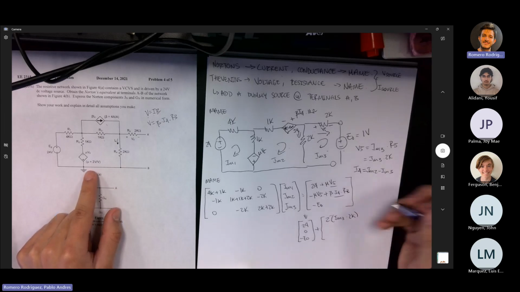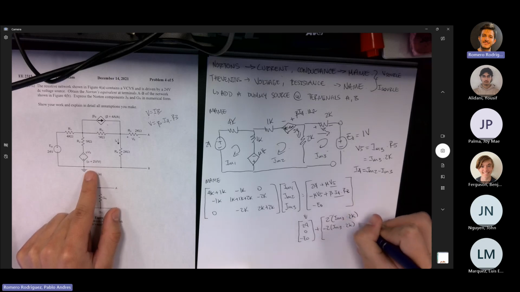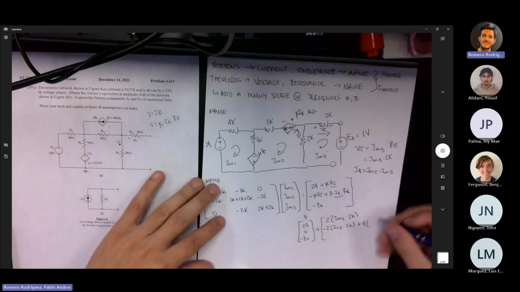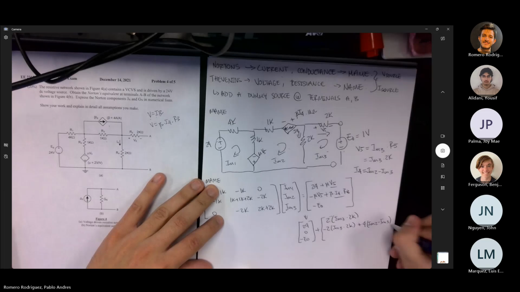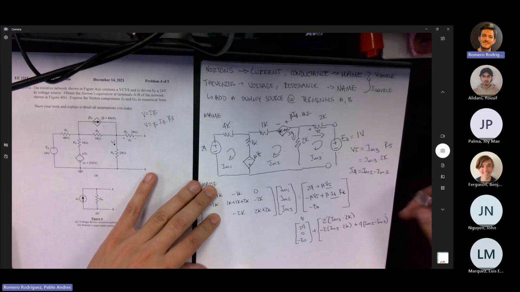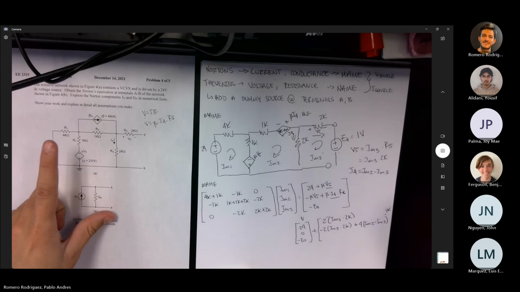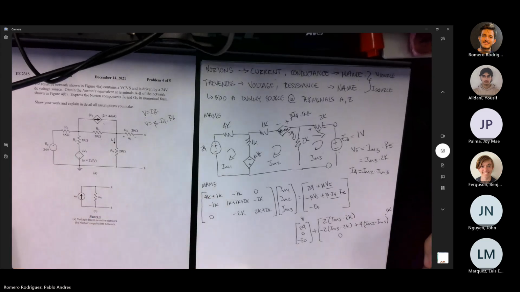Right? Negative 2 times IM3 times 2K plus beta is 4 times IM2 minus IM3 times 1K. Ran out of space there. And then 0 here. Right.